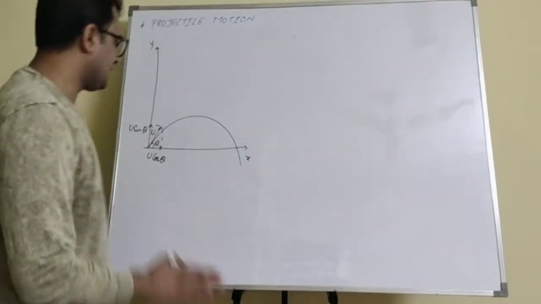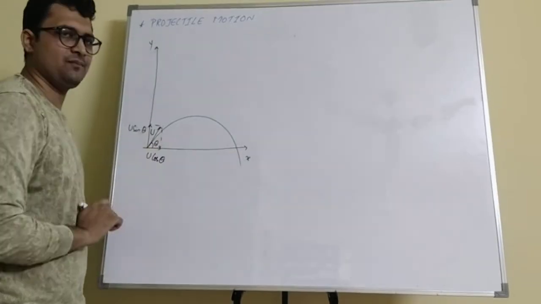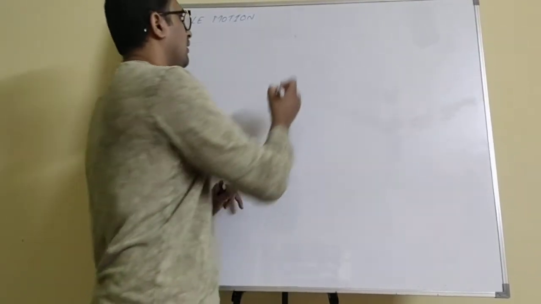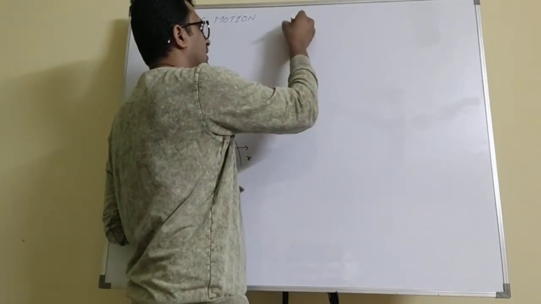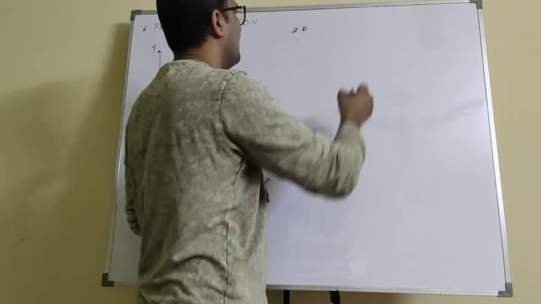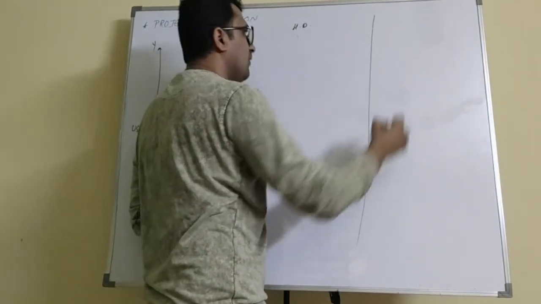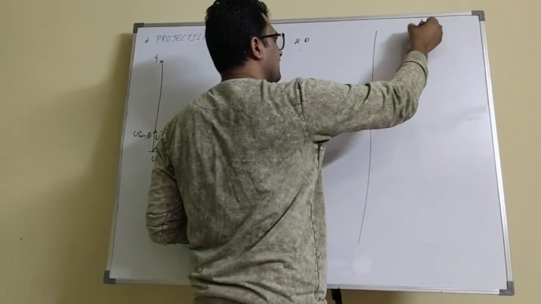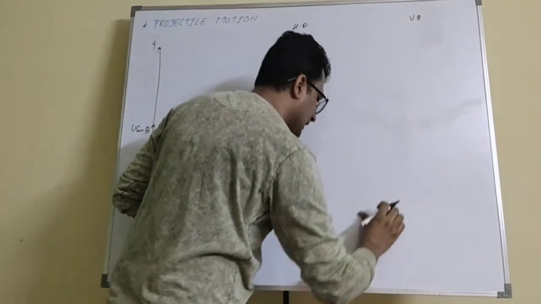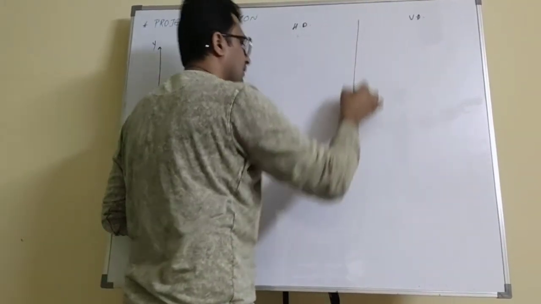This is the horizontal direction and this is the vertical direction. So now let's make a table. Write down here HD. It's not high definition, it's horizontal direction, and here VD. VD is vertical direction. Clear?